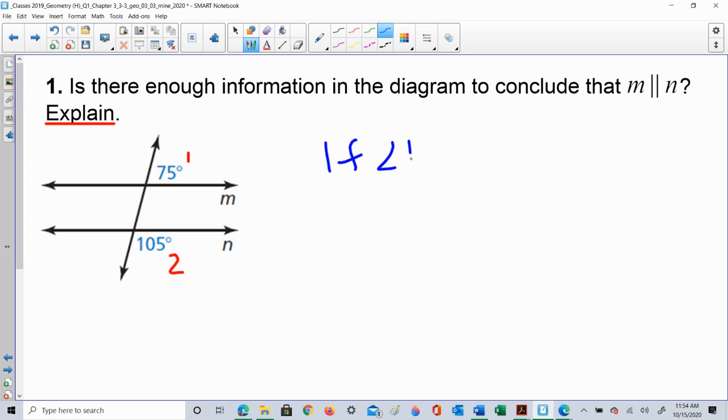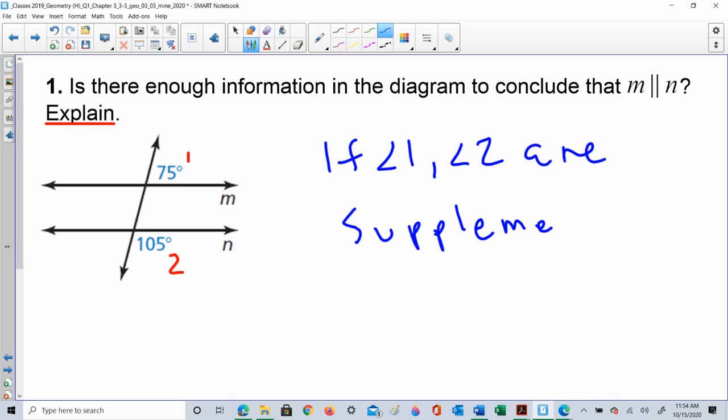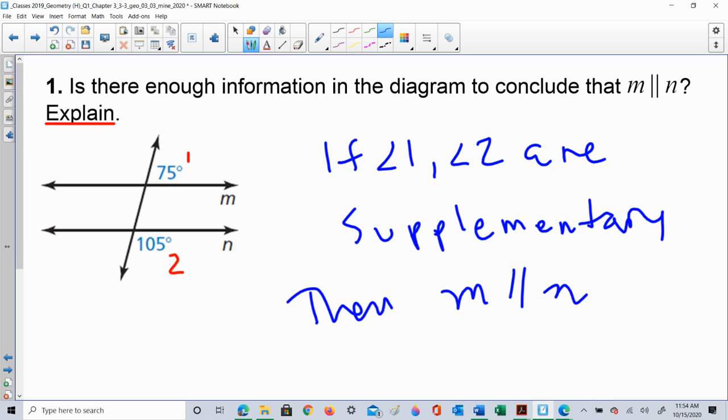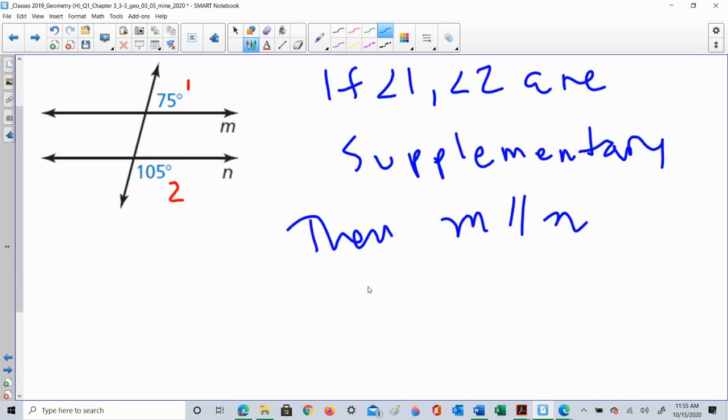If angle 1 and angle 2 are supplementary, then m will be parallel to n. Are they supplementary? What does angle 1 plus angle 2 equal? So let's see.